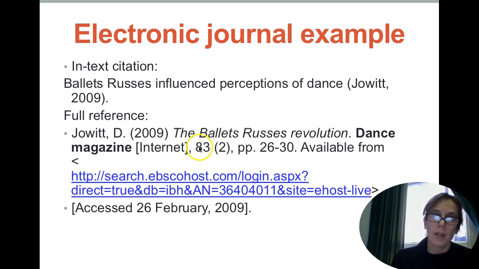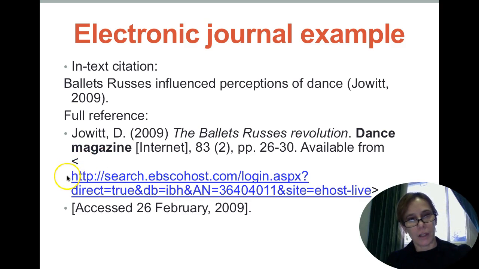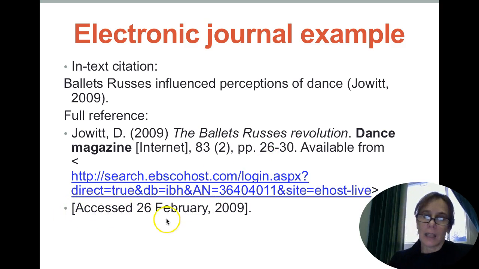The same kinds of things that we've just talked about, the volume, the page number, and then this is the different bit, available from. This actually should be inside the chevron, but you have two chevrons and the reference, which we could click on, have a look. And then after that, in square brackets, the date that you accessed it. So that shows us the date that you went on and had a look at that.